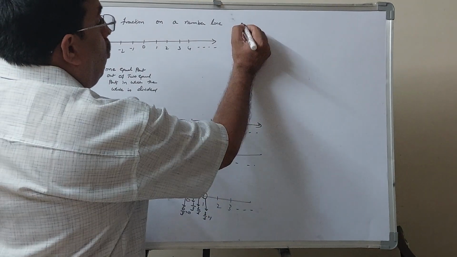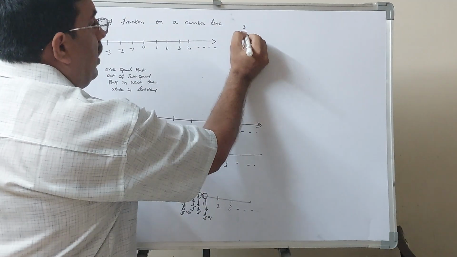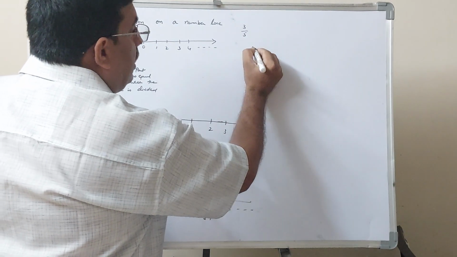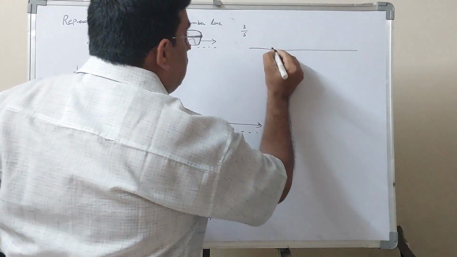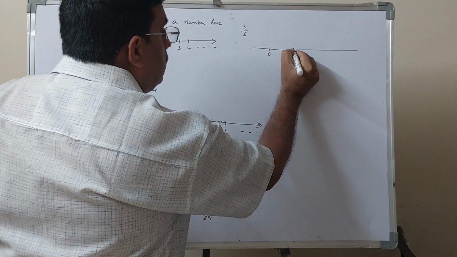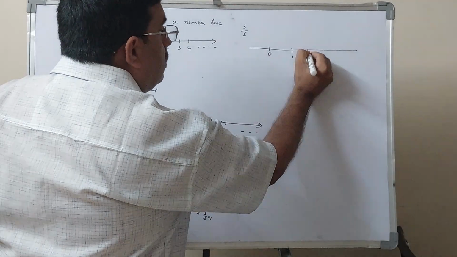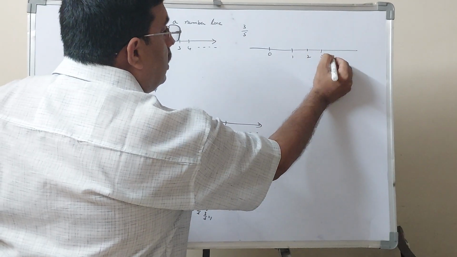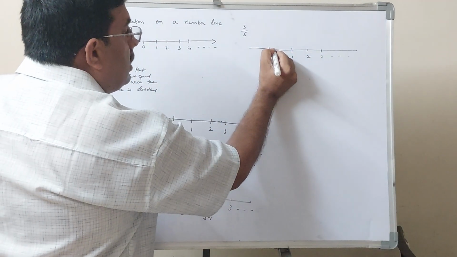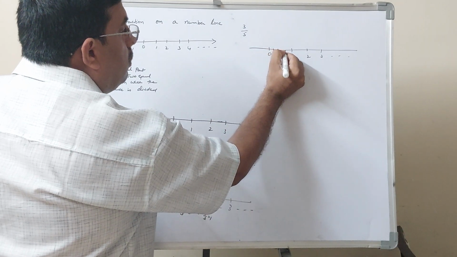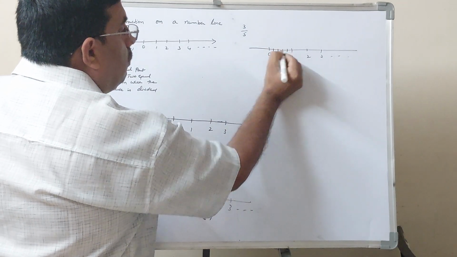So how to represent 3 by 5? This is 0, this is 1, this is 2, this is 3, and so on. We need 5 equal parts: 1, 2, 3, 4, 5.